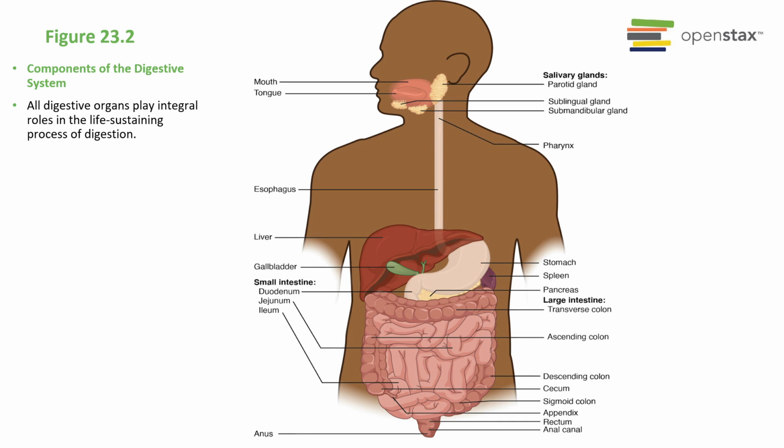There are additional accessory digestive structures, and these include the teeth, the tongue, the glands which produce saliva, the liver, pancreas, and gallbladder.